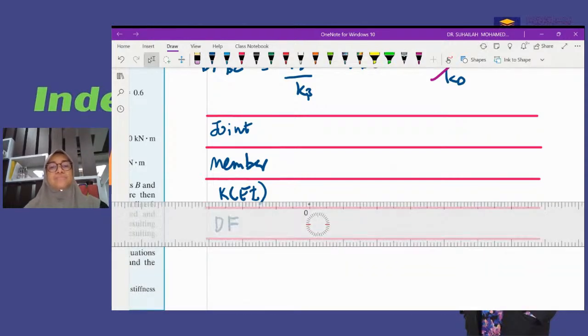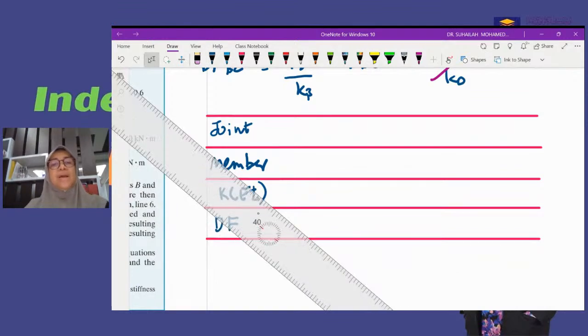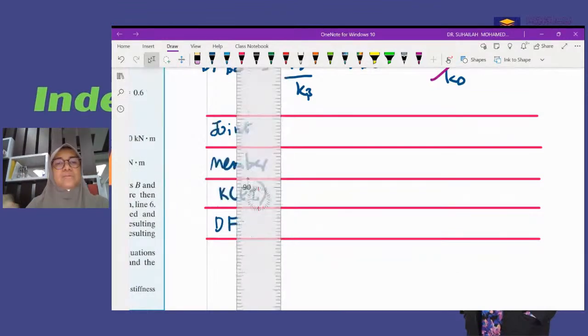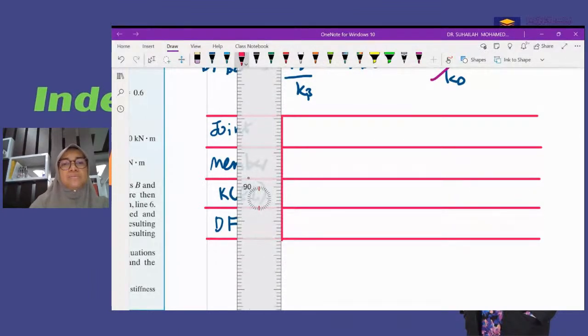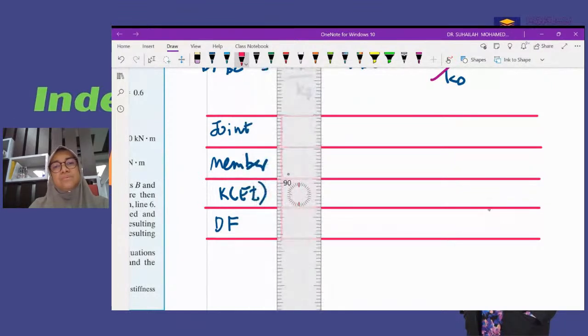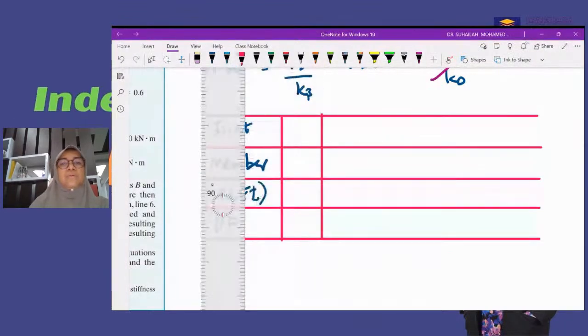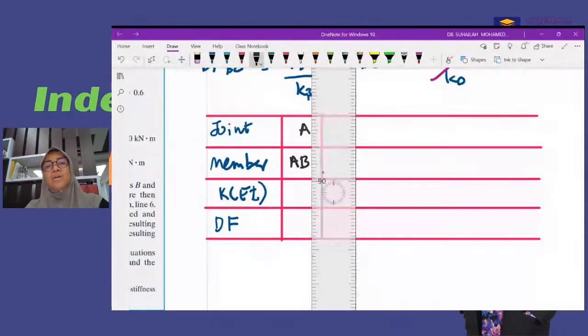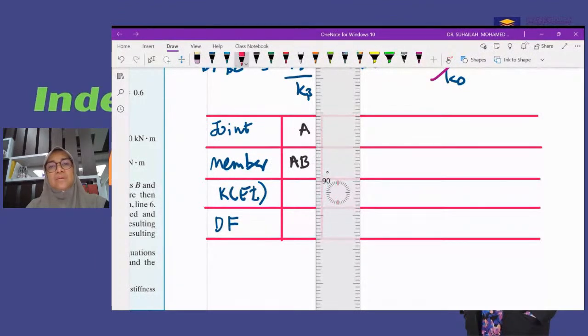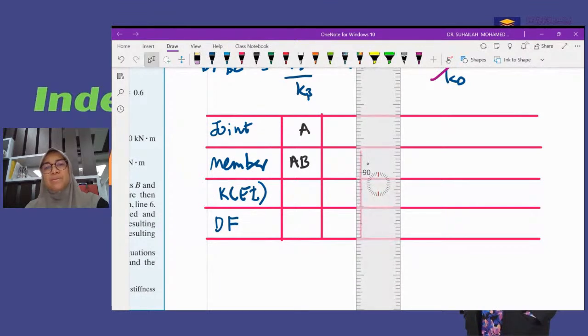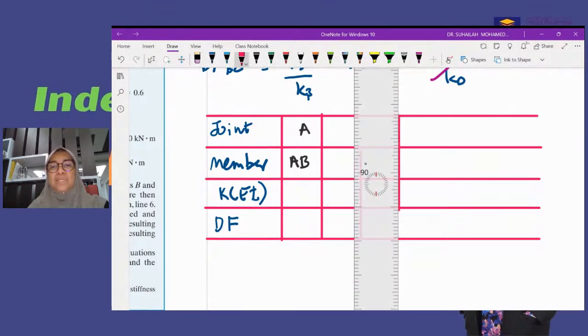We have joint A, member AB. Then joint B, with BA and BC.